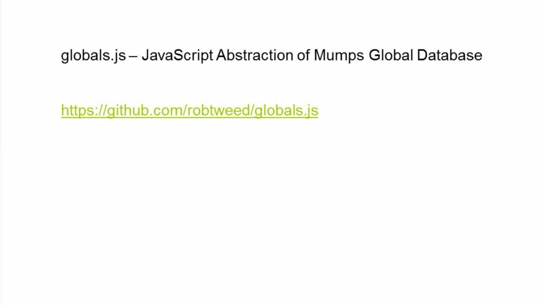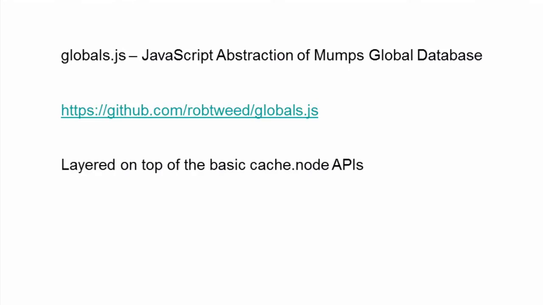However, if you're using EWD.js, which is what it was primarily designed for, you'll find that it's automatically installed for you as part of the EWD.js installation process. EWD.js has a built-in dependency for globals.js defined in its package.json file. The projection or abstraction provided by globals.js is engineered using the basic cache.node APIs that I described in the previous section.